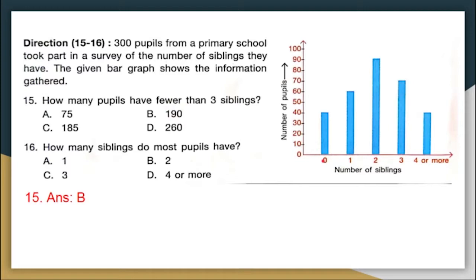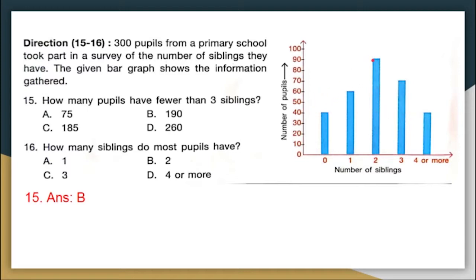Next, let's look at the next question. How many siblings do most people have? The correct answer there will be option B. If you see, 40 people have 0 siblings, 60 people have 1 sibling, around 70 people have 3 siblings, and around 40 people have 4 or more siblings.